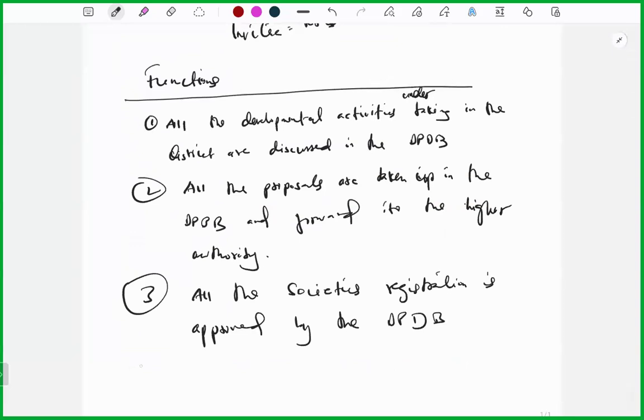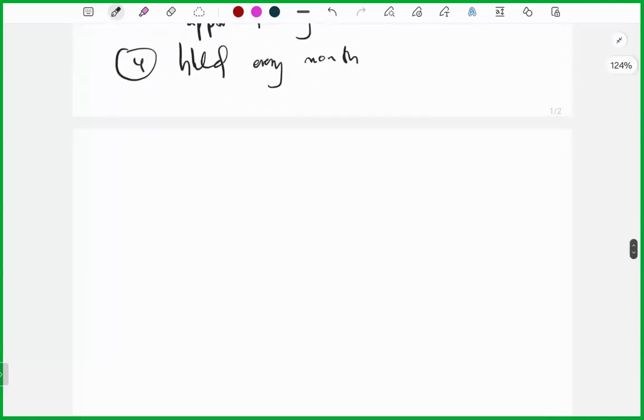The DPDB is held every month. It also discusses post creation.